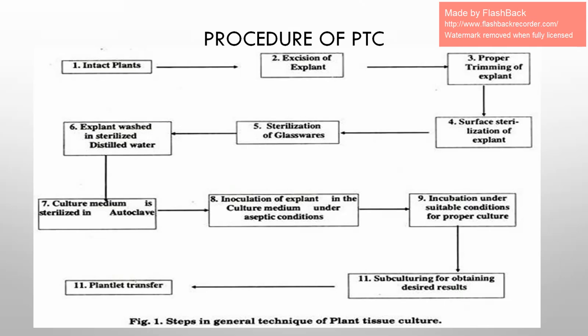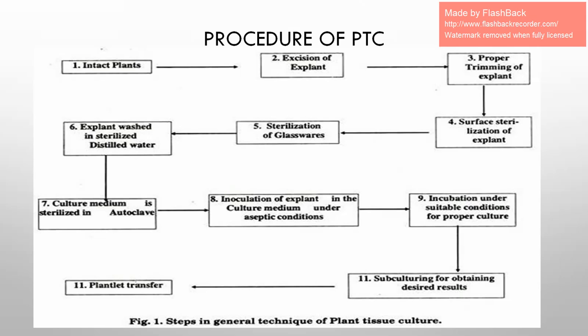After that, subculturing. After a few weeks we will get callus, and after getting callus, subculturing is required. So what does subculturing mean? Subculturing means the transfer of that callus onto freshly prepared media, which contain appropriate concentrations of auxin and cytokinin.